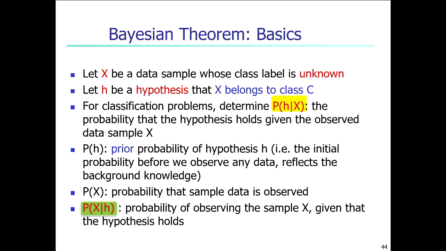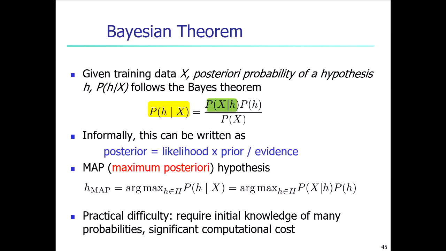And the probability of X is the probability that the sample data is observed. And the probability of X given H is the probability of observing the sample X given the hypothesis H holds. So the Bayesian theorem gives us the relationship between these 4 probabilities.